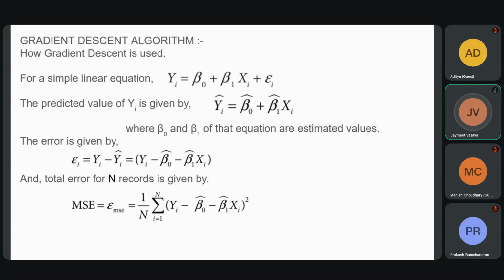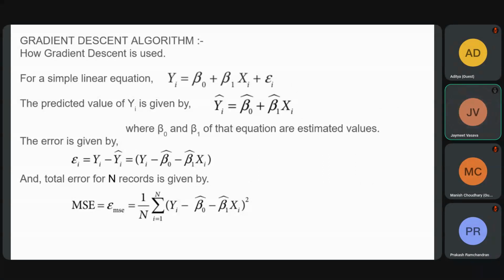So in the gradient descent algorithm, you can see the first equation, which is a simple linear equation, y equals beta 0, the intercept, plus beta 1 xi, beta 1 being the coefficient of the xi observation, plus the error, which is epsilon i.